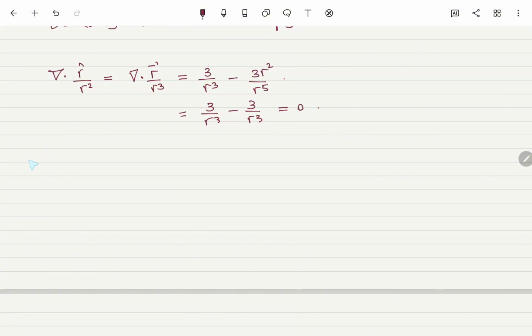Now let's find B, the divergence of r. Let's follow the same procedure.